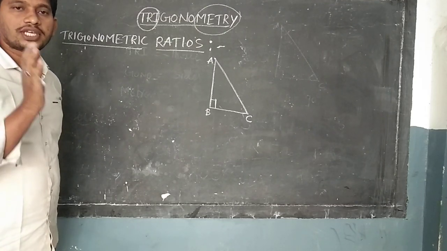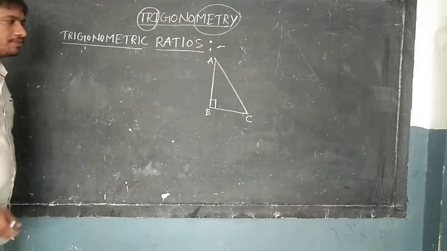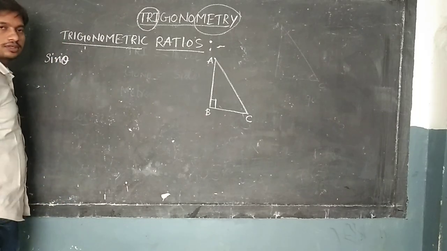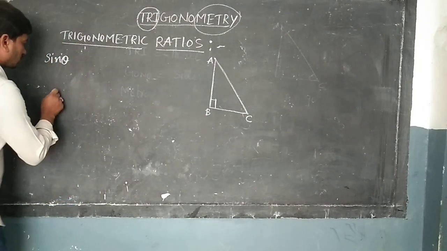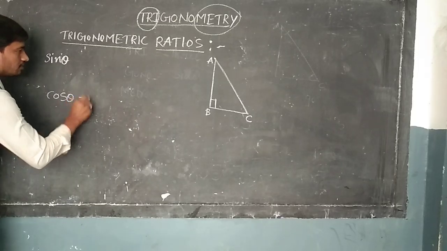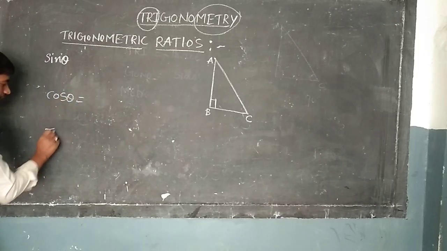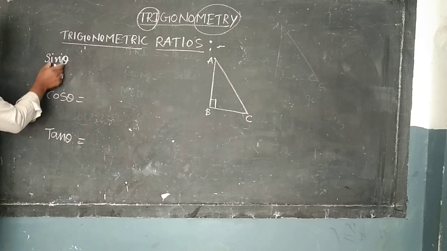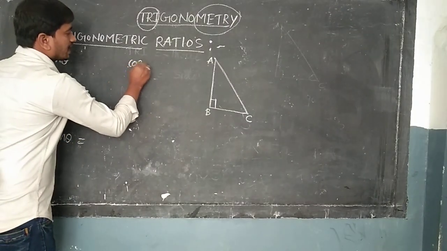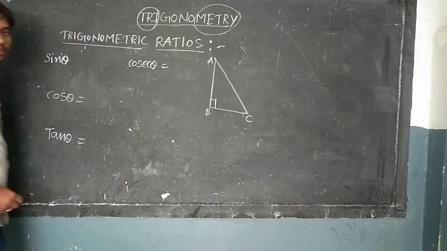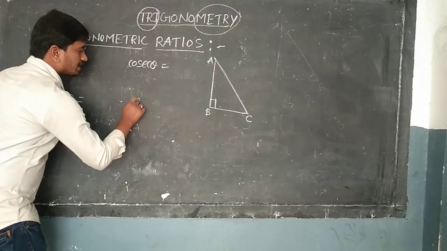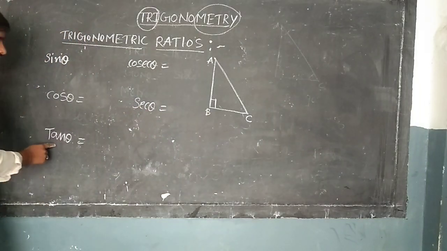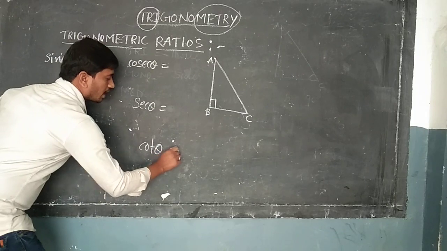We have 6 trigonometric ratios: sin theta, cos theta, tan theta, and the reciprocal of sin theta is cosec theta, the reciprocal of cos theta is sec theta, and the reciprocal of tan theta is cot theta.